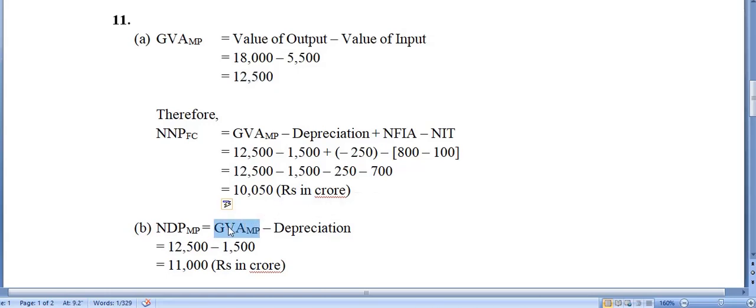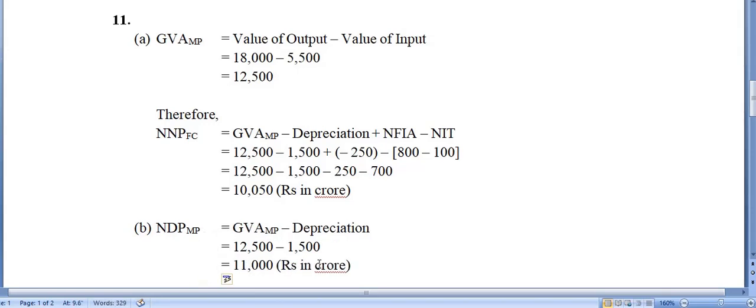So now see, this is your gross, and you need to convert gross to net. Gross to net, what you will do? Minus depreciation. This is GDP MP only: domestic product, market price. Simple. So this is how you will get your figure of 11,000 crore.